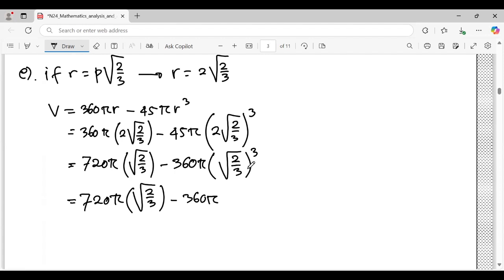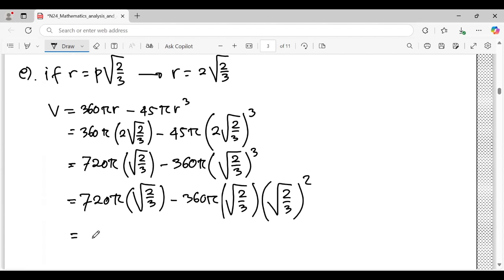This is power 3, it means square root 2/3 times square root 2/3 square. Okay, this is 1, this is 2, equals 3.